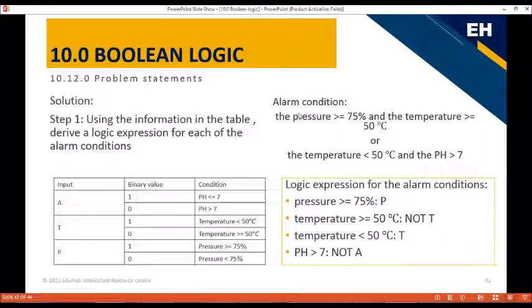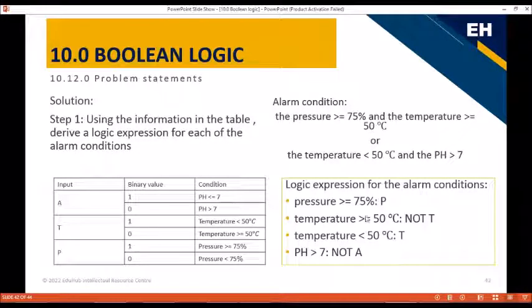We have alarm condition. The first condition we have identified is pressure is greater than or equal to 75%. And when pressure is greater than or equal to 75%, what is our input like? So we have pressure greater than or equal to 75, then P is 1.